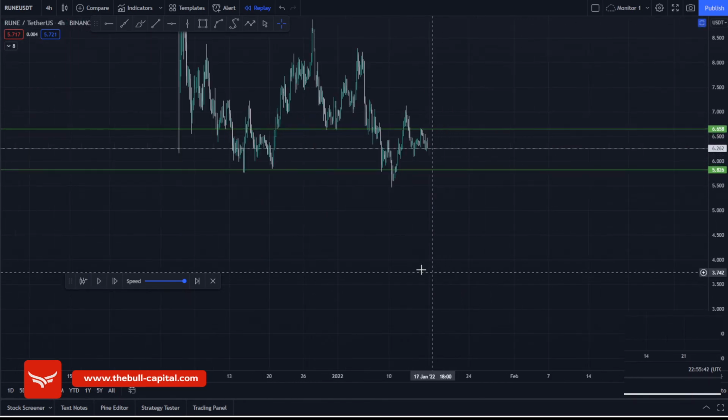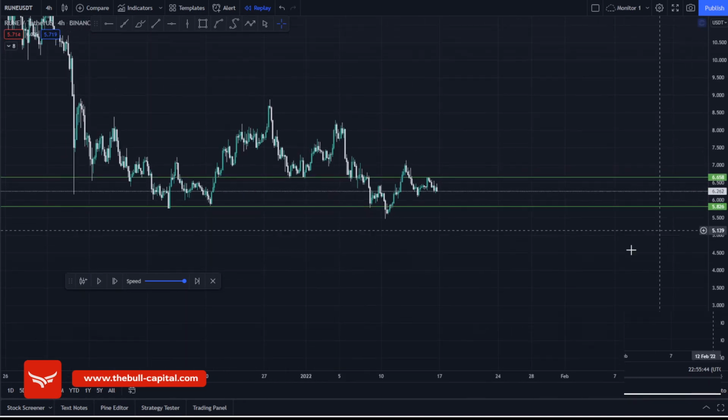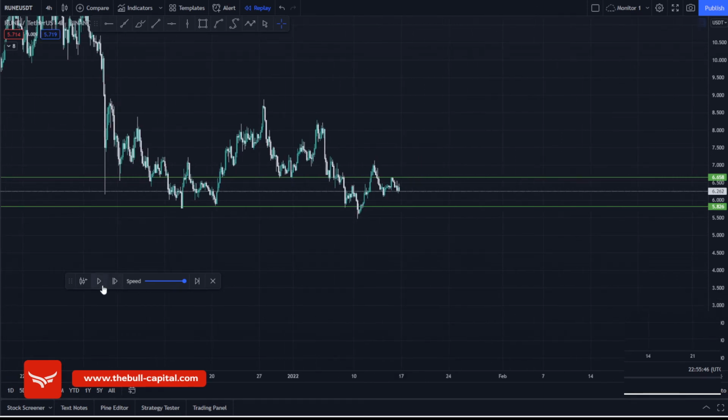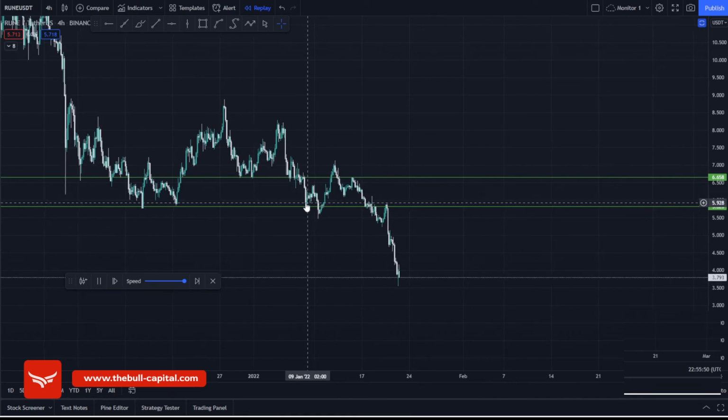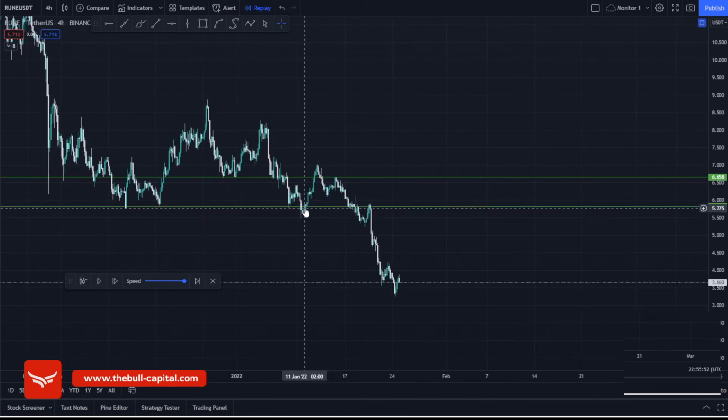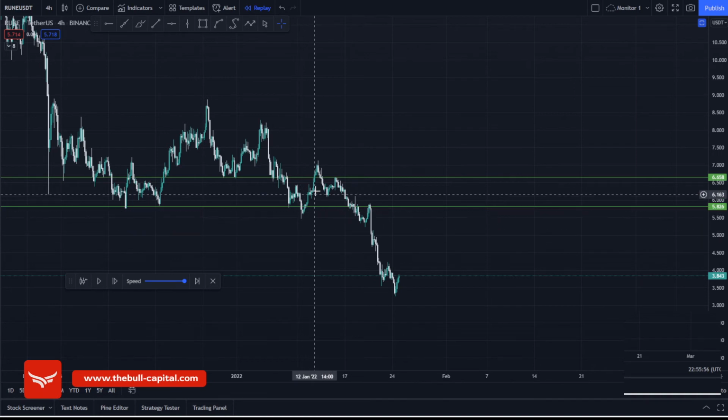Here we have one touch, two touches, three touches, and the fourth actually broke it. So after this move up, you know that this one won't hold anymore.